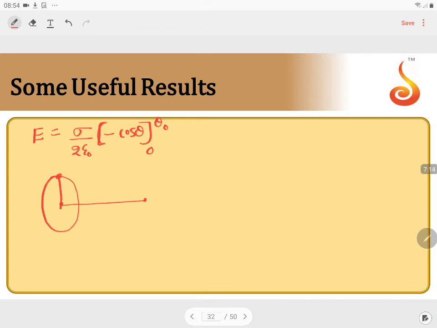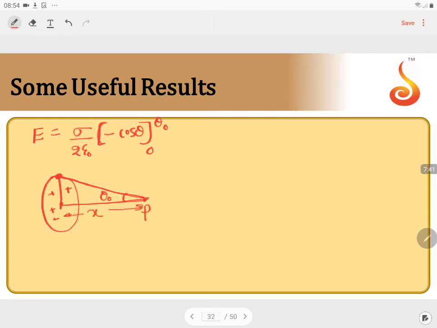If you consider one point on the rim of the disk, the radius vector of this point will make a certain angle theta with the axis. That is theta naught. So to cover the entire disk, theta should vary from 0 to theta naught. So what is this theta naught value?